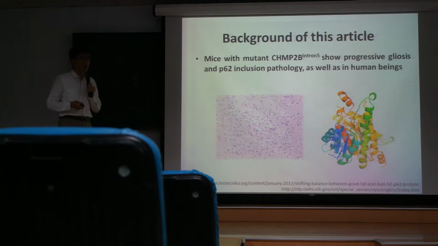In previous research, scientists have found that mice with the CHMP2B mutation show overgrowth of microglia cells and some p62 inclusions, which are frequently found in several kinds of dementia diseases.